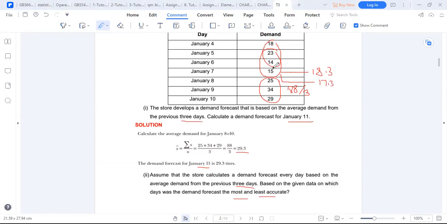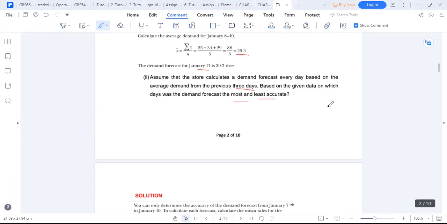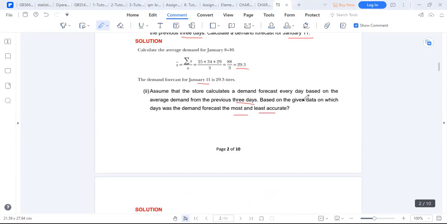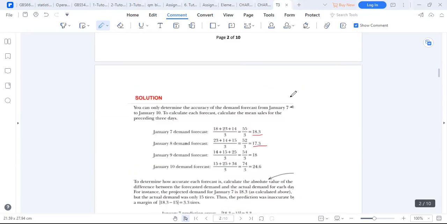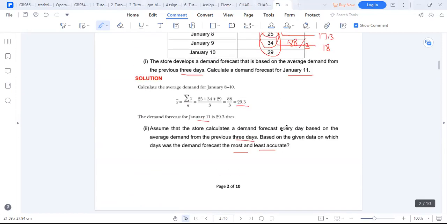Then we get the next forecast for the next 3 from 14 to 25. It will give us a forecast for the next figure, exactly 18. And finally, from 15 to 34, we'll get the total, and the forecast will be 24.6.